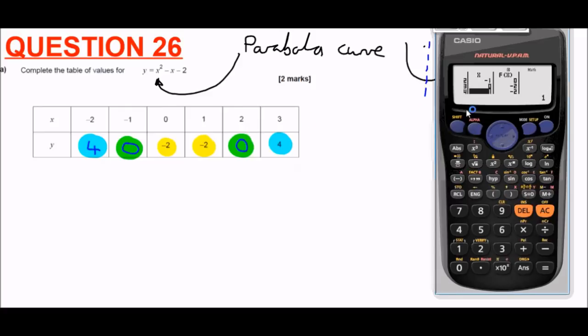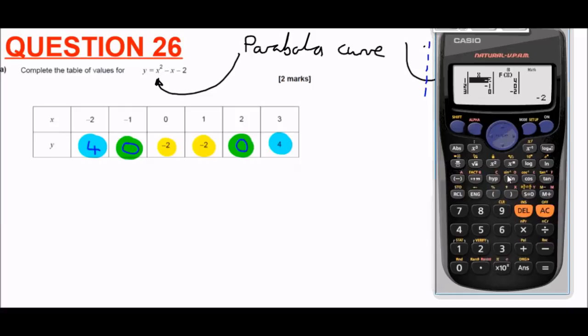When x is 1, y is -2. When x is 2, y is 0. And finally, when x is 3, y is 4. And you should also see these values of y being mirrored. So we go 4, 0, -2, -2, 0, 4.